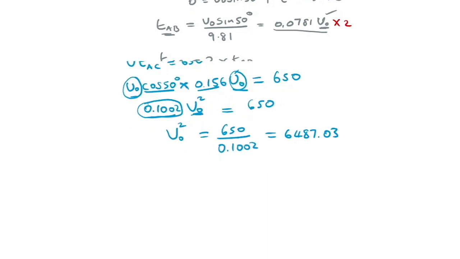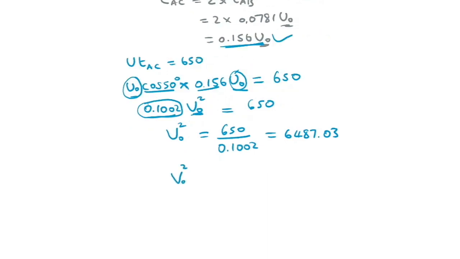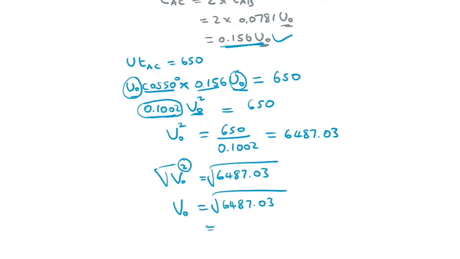This gives 6487.03. Let's write it properly: V initial squared is equal to 6487.03. Then we take the square root of both sides to remove the exponent 2 on V initial, leaving V initial alone. This gives a velocity of 80.54 meters per second.